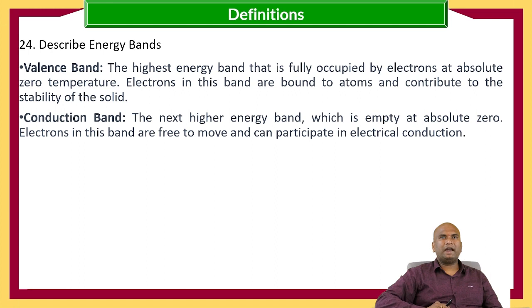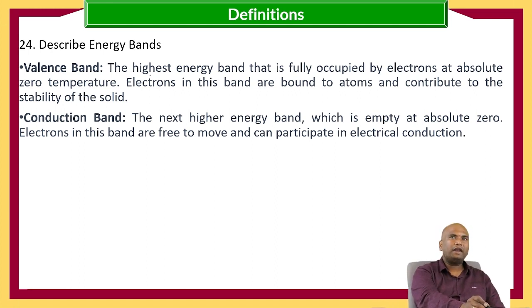Describe energy bands. Here, the valence band is the highest energy band that is fully occupied by electrons at absolute zero temperature. Electrons in this band are bound to atoms and contribute to the stability of the solid. The conduction band is the next higher energy band, which is empty at absolute zero.